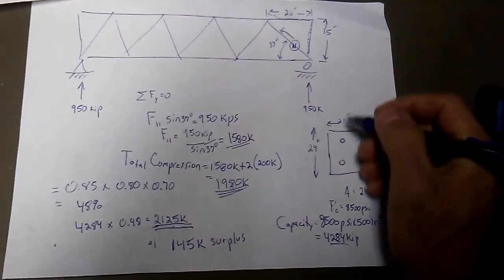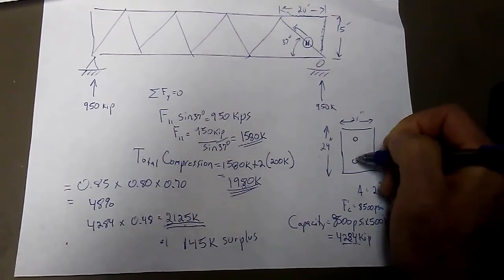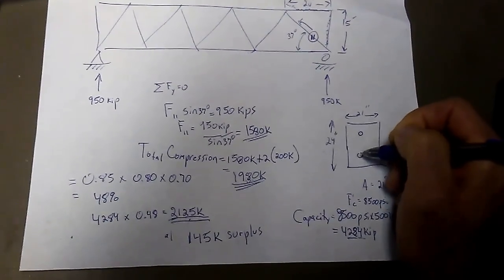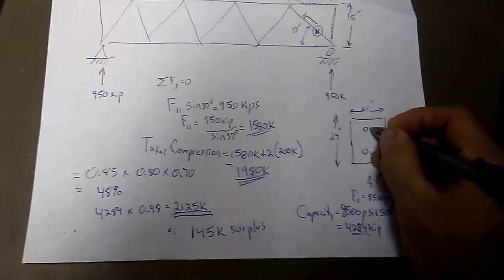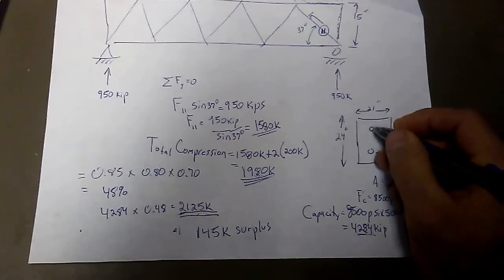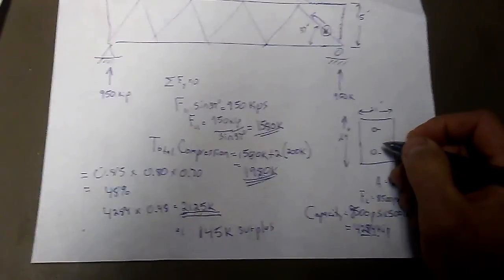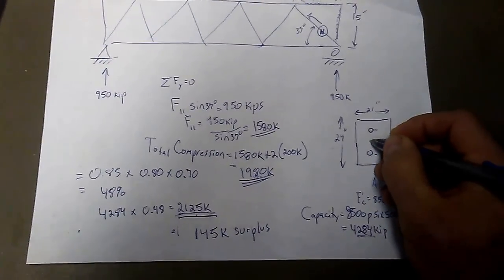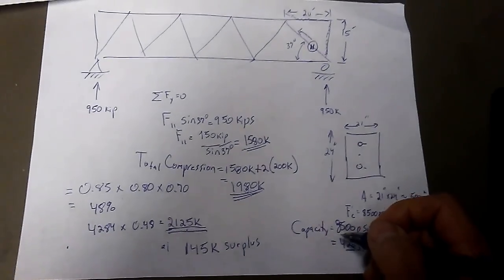And again, as I discussed previously, if these two bars are not tensioned equally, if I have 350 kips of tension here and 200 kips of tension here, I have an uneven stressing of the member. That uneven stressing creates a bending moment in that member.